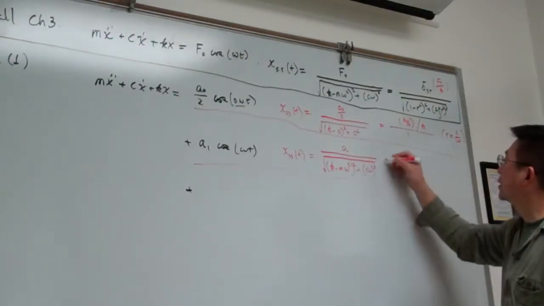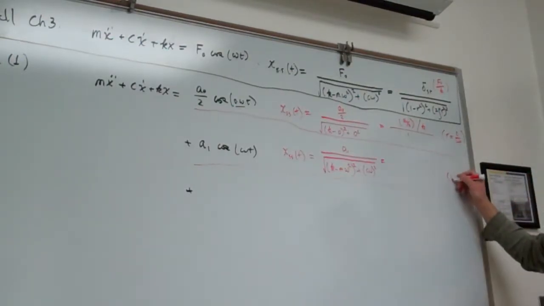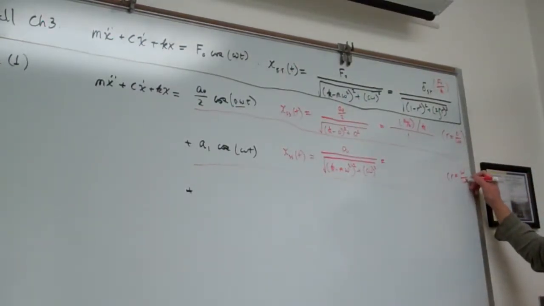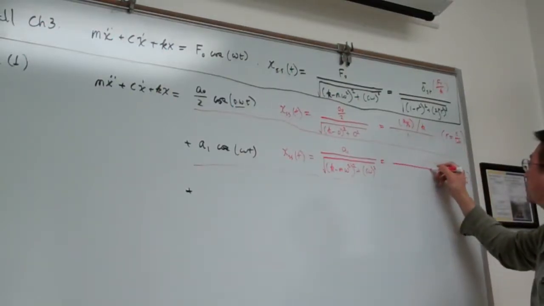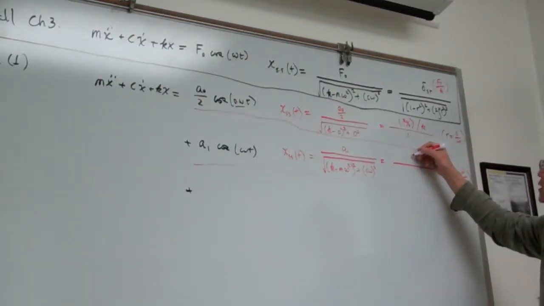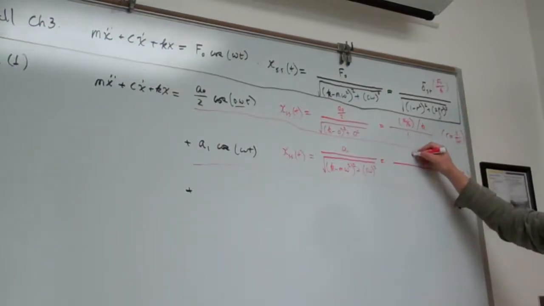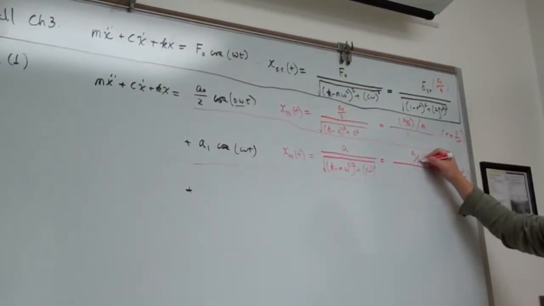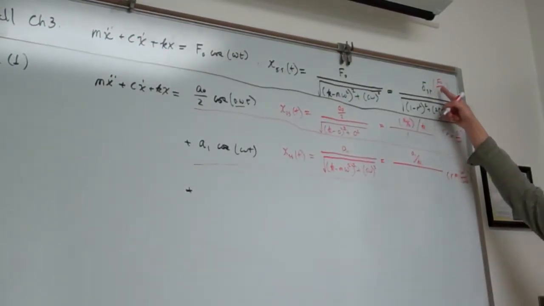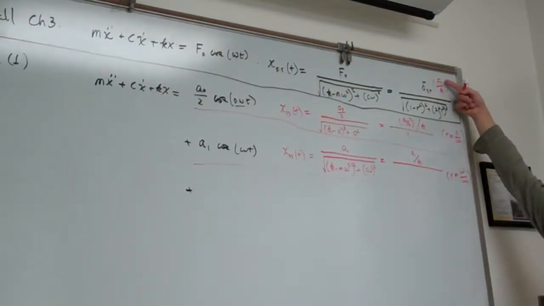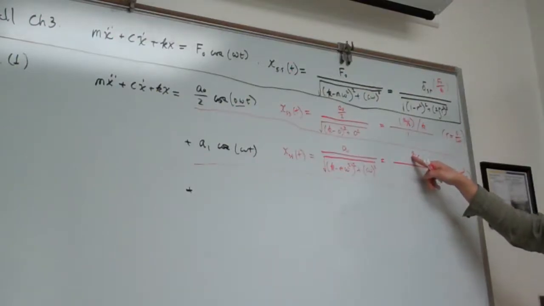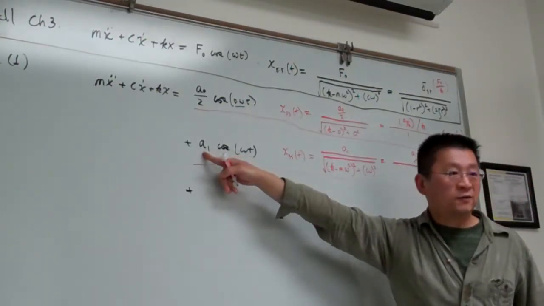For this case, R is defined by omega divided by omega n. That will be equal to delta ST, which is A1 divided by K, because delta ST by definition is the magnitude of the harmonic force divided by spring constant. The magnitude of the harmonic force is A1 for this term.